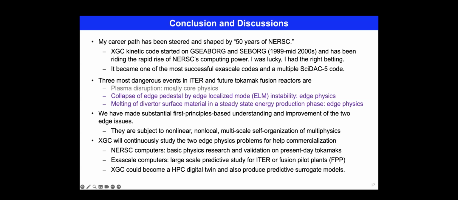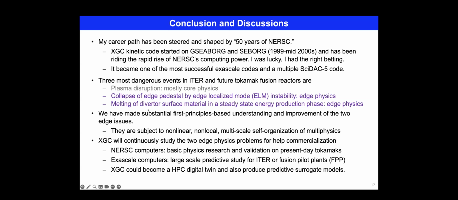The 3 most dangerous events in ITER and future tokamak fusion reactors are plasma disruption, as you know pretty well, which is mostly core physics. And the other 2: collapse of the edge pedestal by edge localized mode instability, which I didn't explain, but by using our code we can study how the profiles evolve into instability.